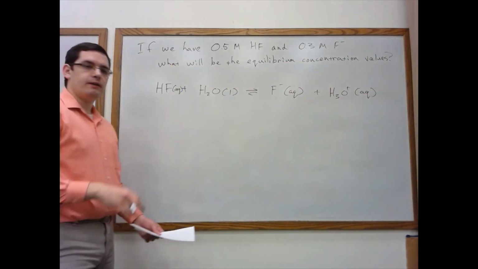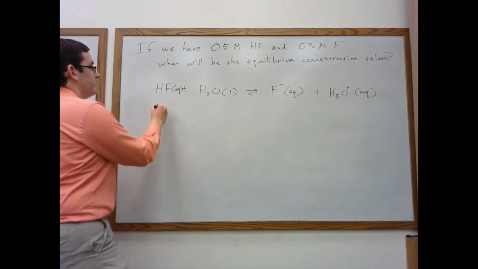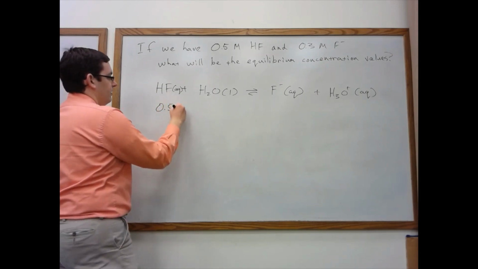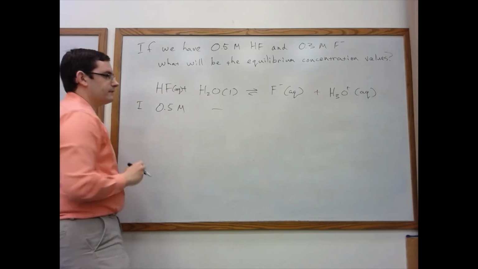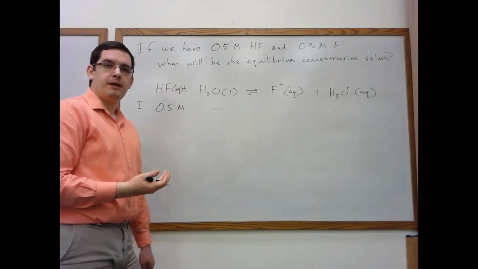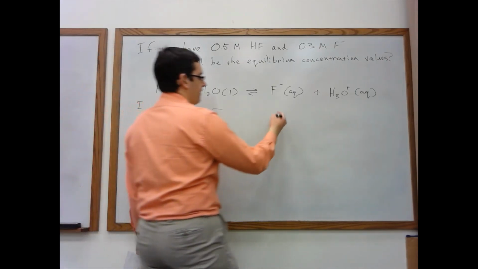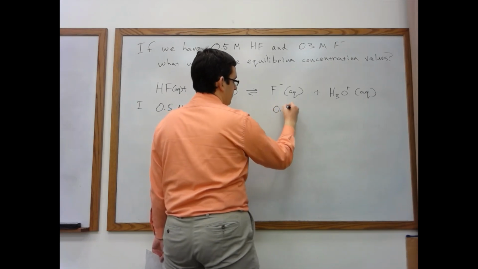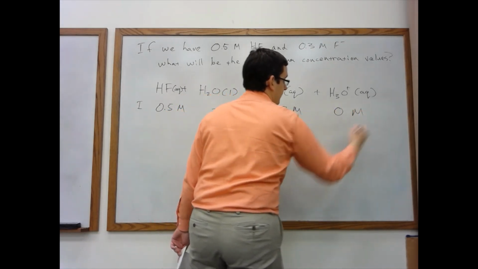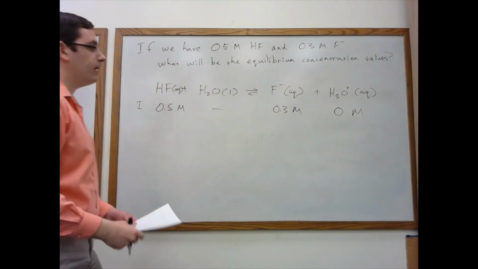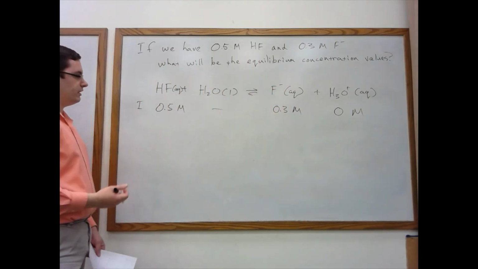So we already can start out with some of our initial values. So we have 0.5 over here. Our water, of course, it doesn't matter because as a pure liquid, it's not going to participate in our equilibrium expression. Our fluoride anions are 0.3 molar. And our hydronium ion is 0 molar.